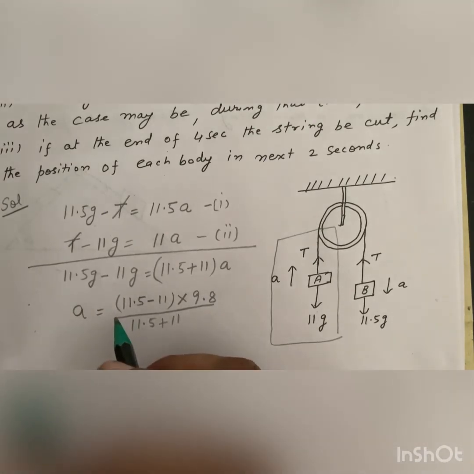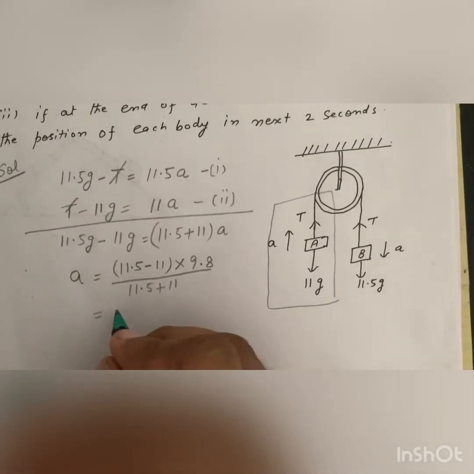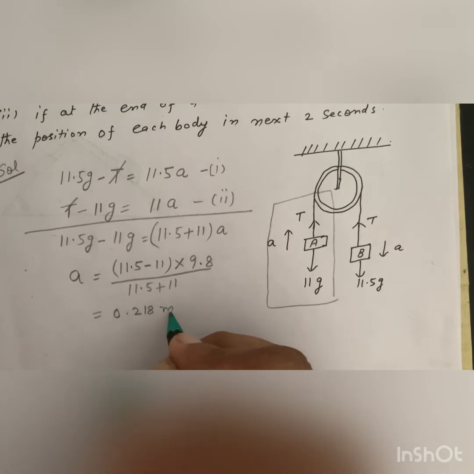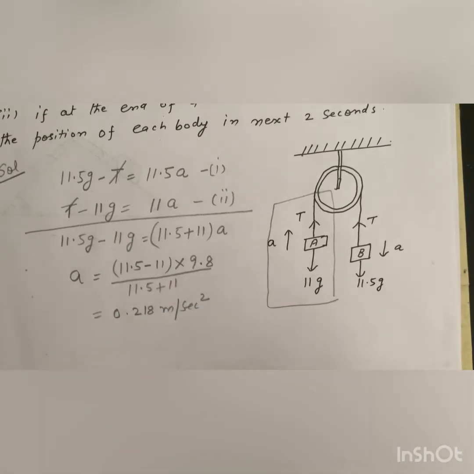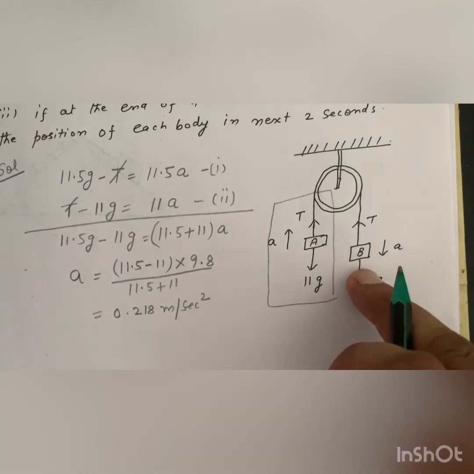On solving, we get 0.218 meter per second square. So this is the acceleration of the bodies.